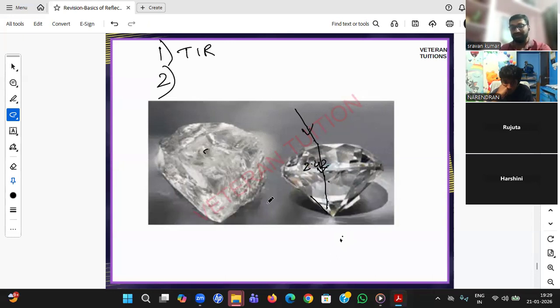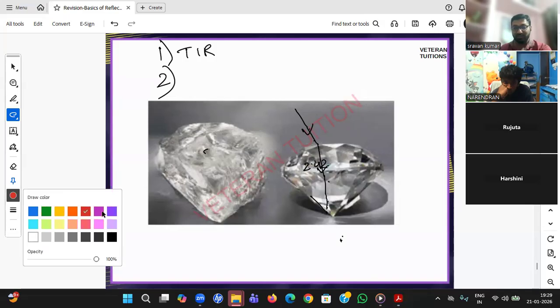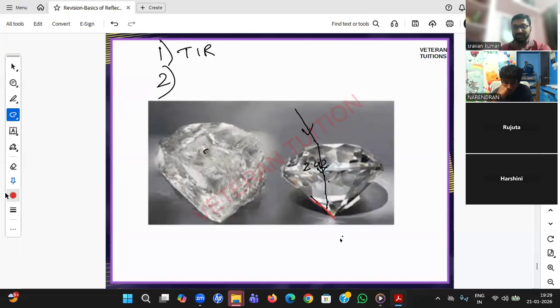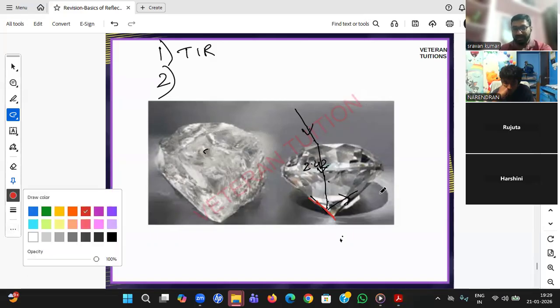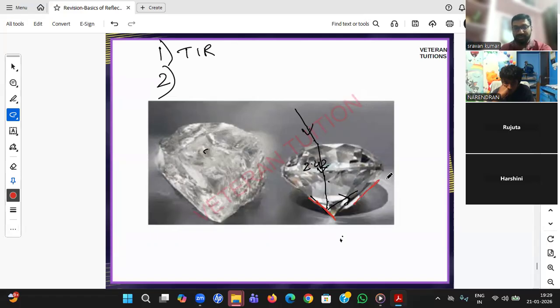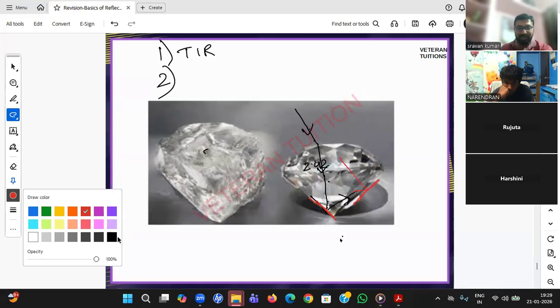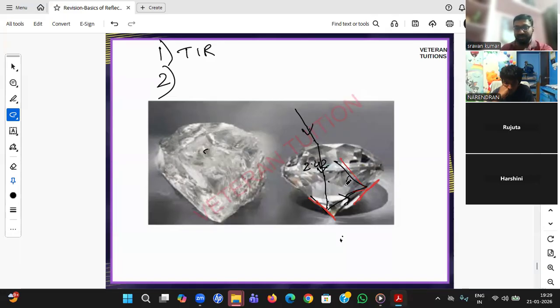If the cut is very perfect, obviously the light will reflect back. Like that, the light is trapped in the diamond, and also with 2.42, students, the speed of light will be very less.